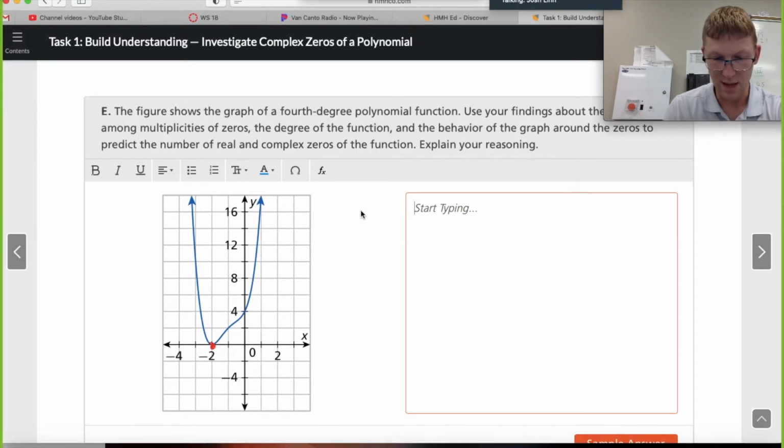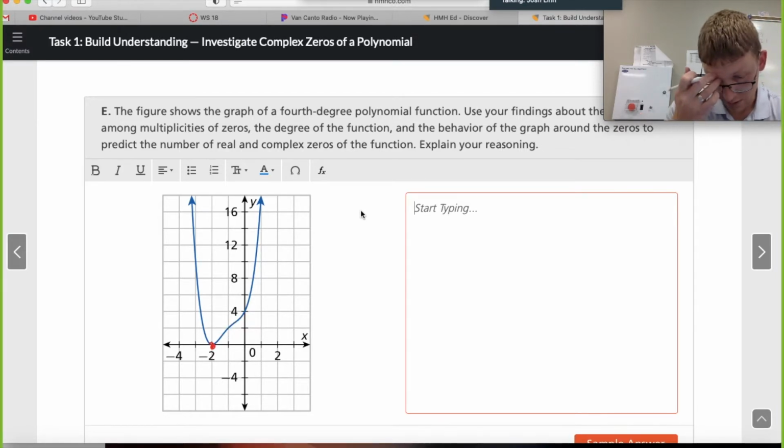And we know that if it was a regular fourth degree polynomial, like an x to the fourth, then it would be translated somewhere like that. But we've got this little bump right here. So that means that it's not just x to the fourth.